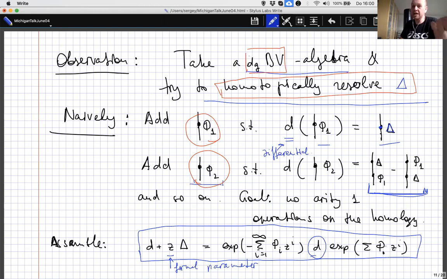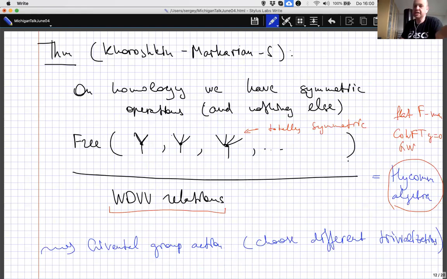And the answer is, what I get on the cohomology is the structure that, if you study Gromov-Witten theory or this type of stuff, singularity theory, homological field theories, Frobenius manifolds, you have seen many times. Let me get back to my example.